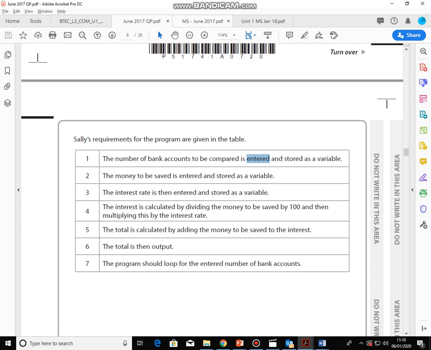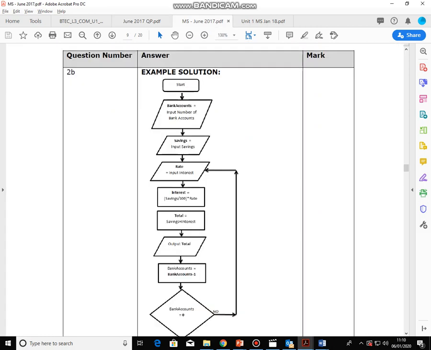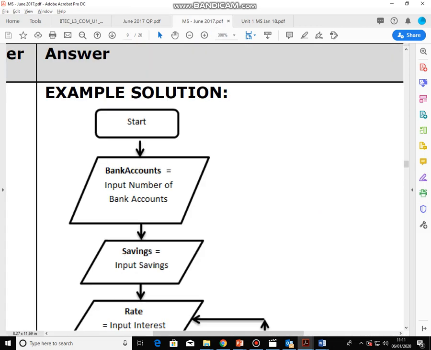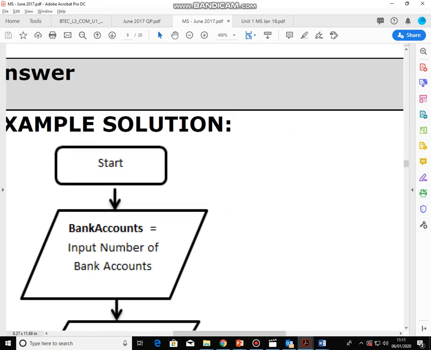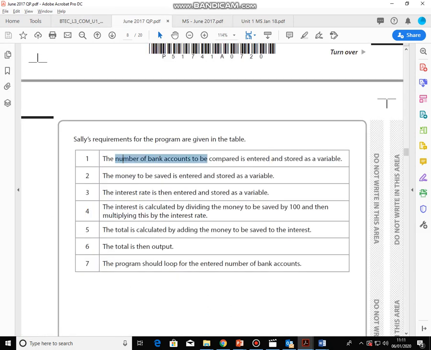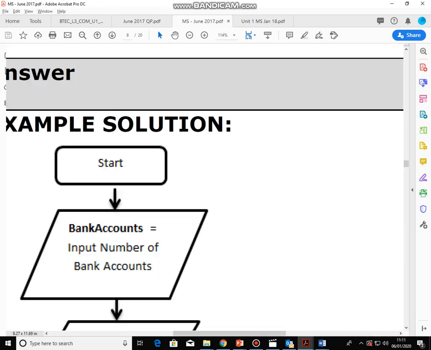So effectively here's one I made earlier from the mark scheme here. So remember what we said earlier on. Every flowchart has the start. So there's the start. And in this case we said here that the bank account is entered. So they've used a variable name called bank account, and we notice that we're using the input shape, and then we're saying bank account, which is a variable, equals input the number of bank accounts.